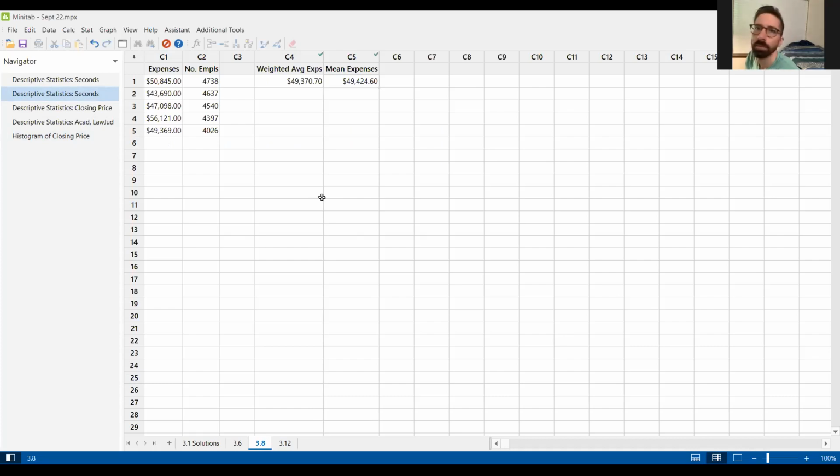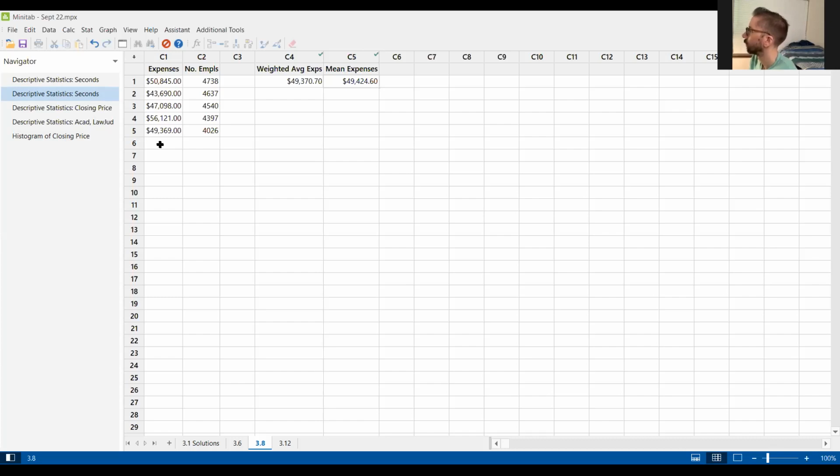On this particular one, if you read through it, it says, according to a utility company, utility plant expenditures per employee were approximately, and then it gives these 5 numbers for the years 2005 through 2009.